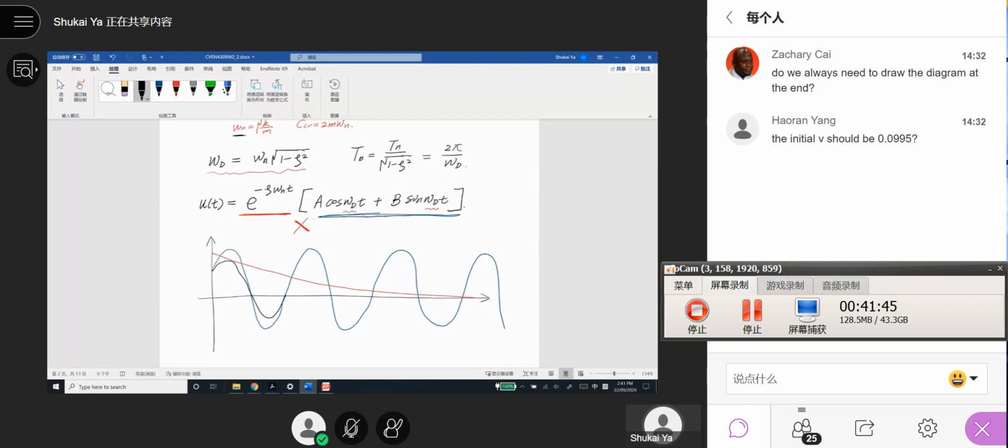It should behave this way, and for sure the initial value should be u0 and the initial slope is u0 dot. And then the period, instead of Tn, should be equal to Td. And we need to know the magnitude.